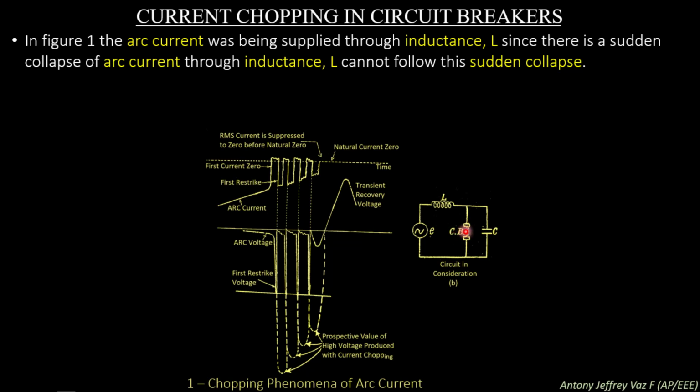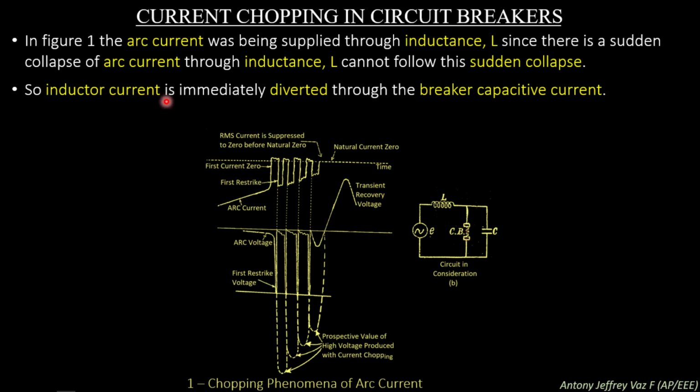Since the arc gets deionized or interrupted, the inductor current cannot flow through the circuit breaker, and this inductance current suddenly becomes 0 because the path where the arc was present in the circuit breaker is not there. Now the arc is vanished.